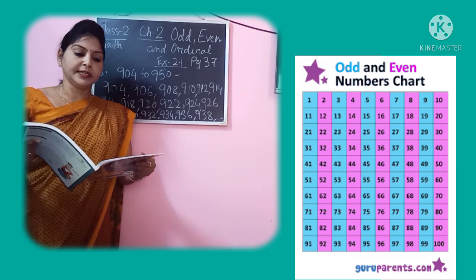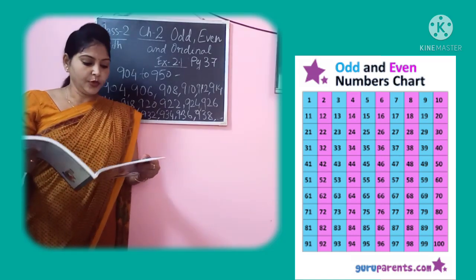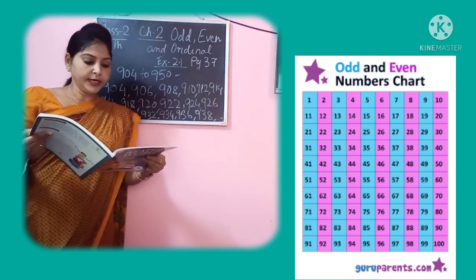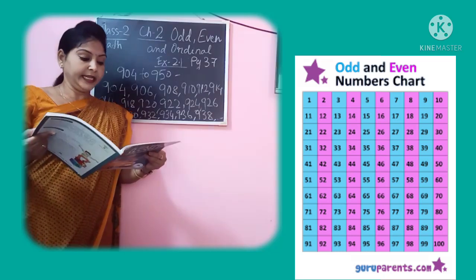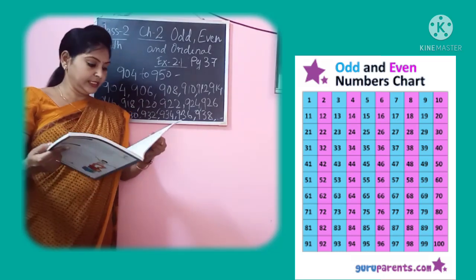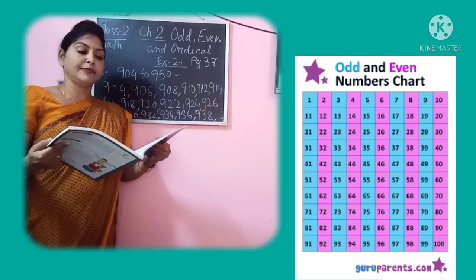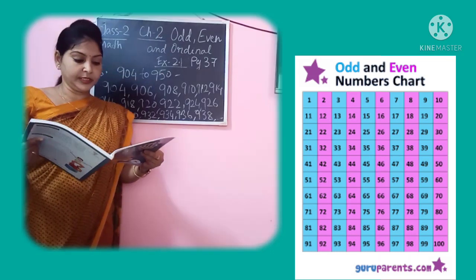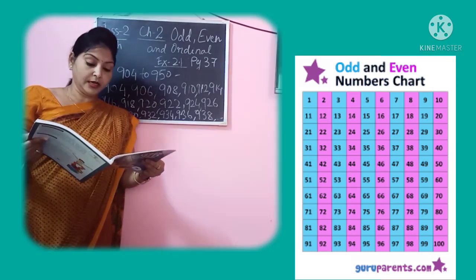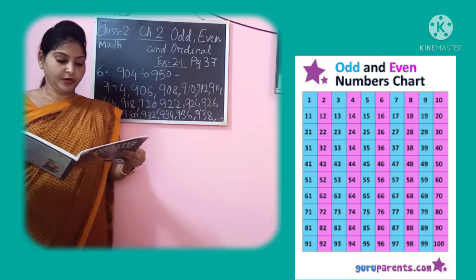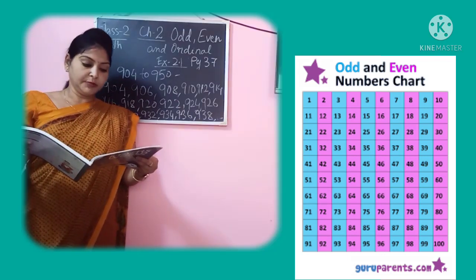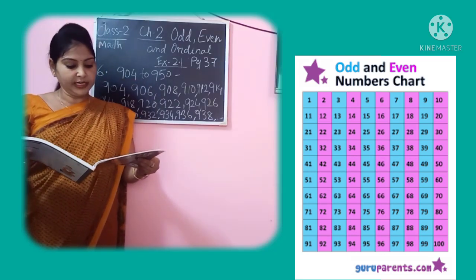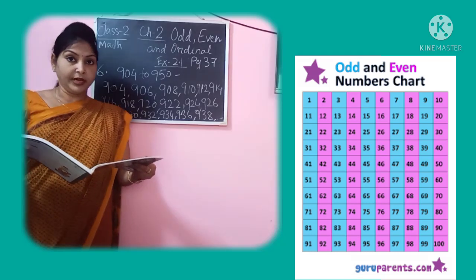Now on page number 38 there is an activity. You have to color odd numbers with pink and even numbers with green. Then in question B, you will write all the even numbers between 21 to 41.